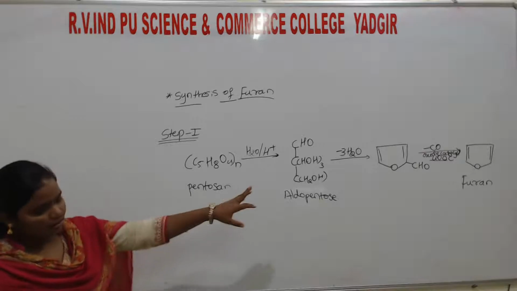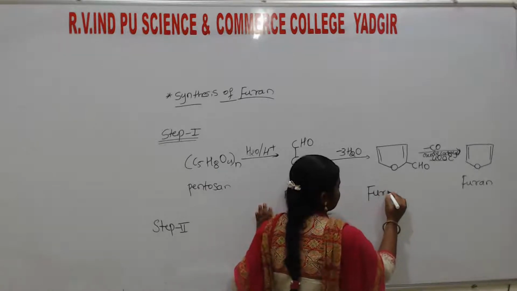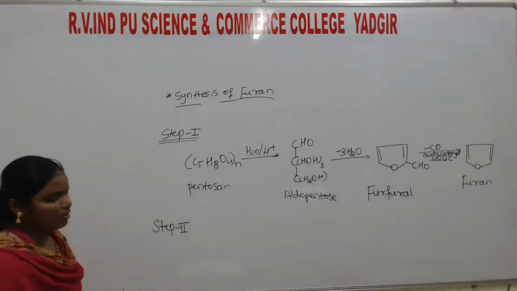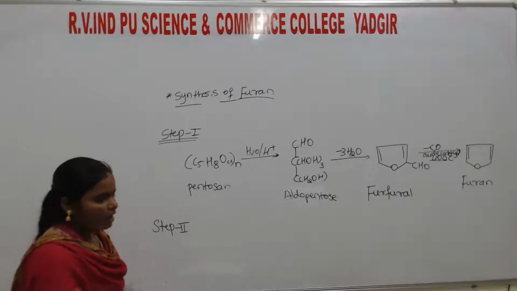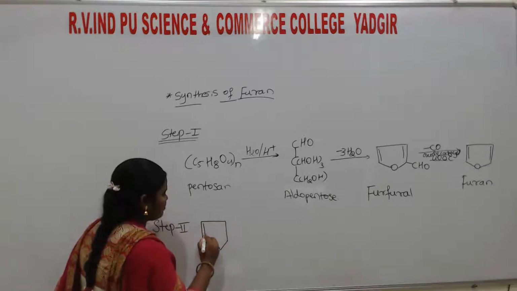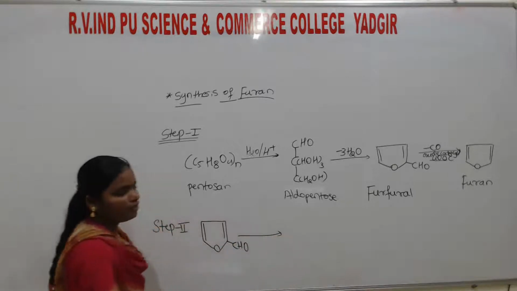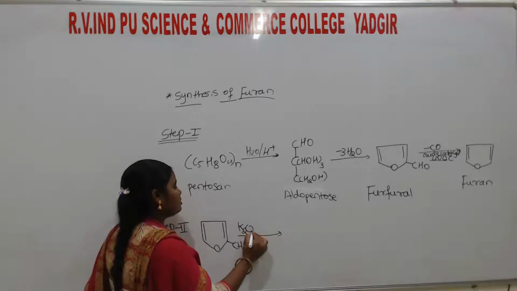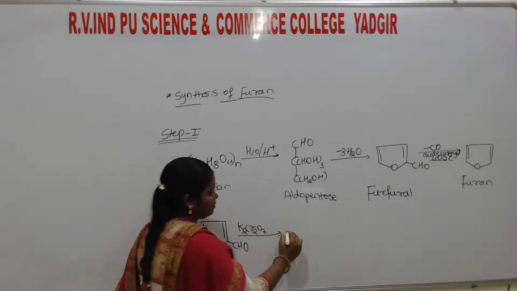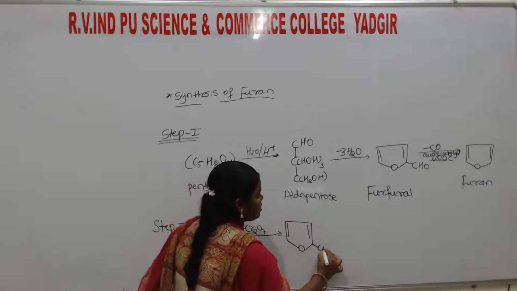In step 2, this furfural is treated with an oxidation agent, potassium dichromate, K2Cr2O7. Next formation is furoic acid, COOH.